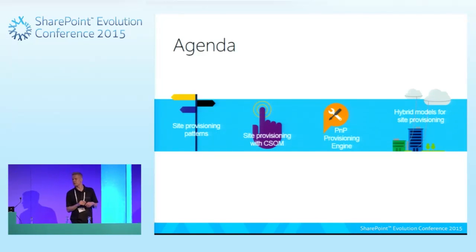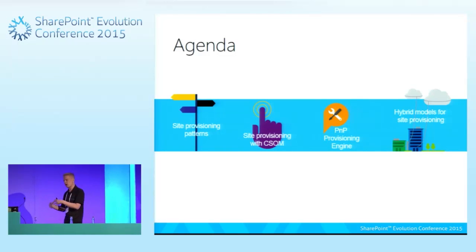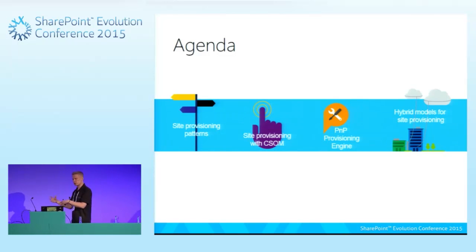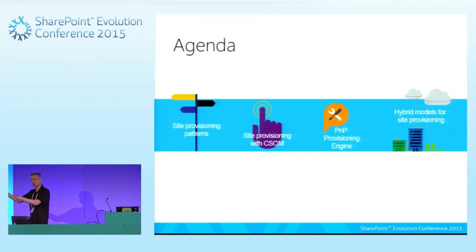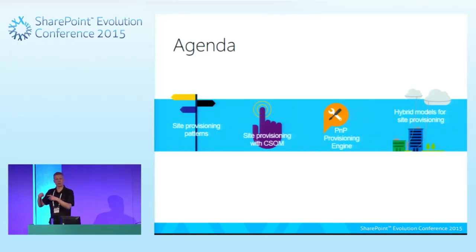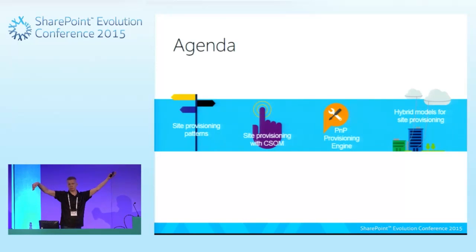And then the final topic is hybrid provisioning. So let's think about how we provision sites in a hybrid way. We will most likely have some native capabilities for hybrid provisioning in the upcoming SharePoint 2016 server. I'm not actually super confirmed of what will be there and what's not. But today we're going to do it upside down. We're going to run the application in Microsoft Azure in the cloud, and then we provision sites to on-premises.